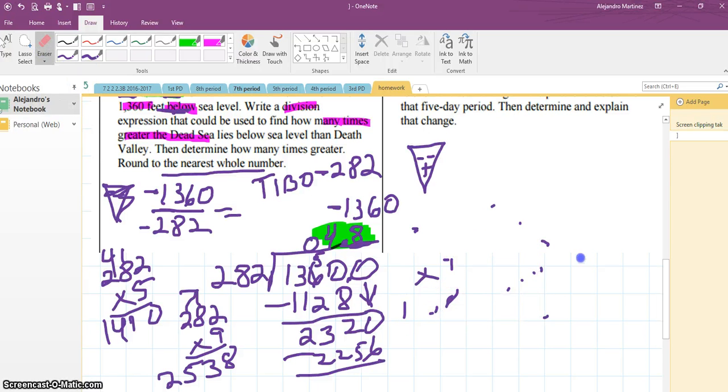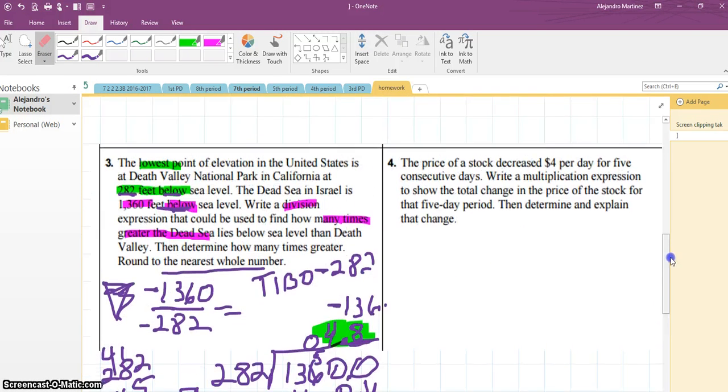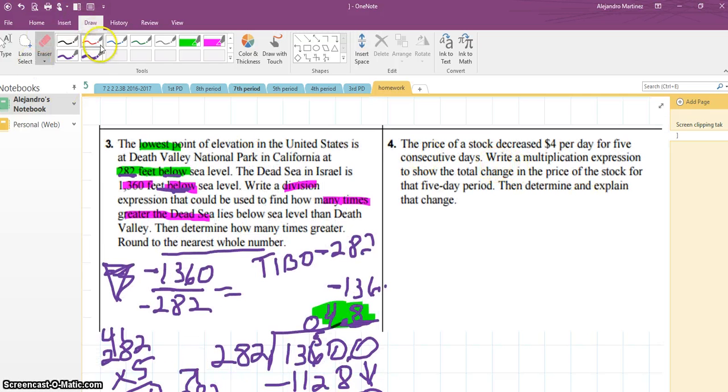Let's look at the next one there. The price of stock decreased, so bajó, decreased $4 per day. So el precio bajó $4 por día for 5 consecutive days.